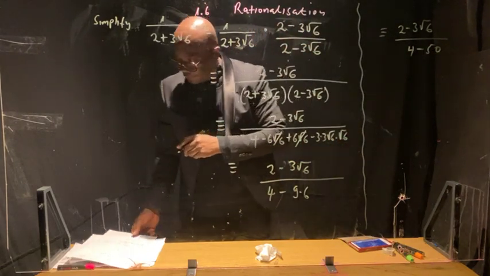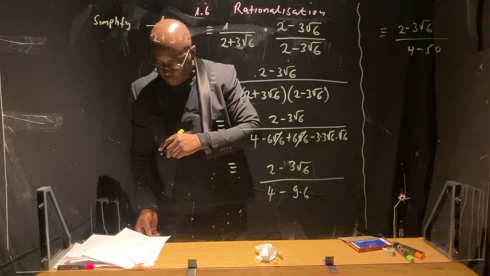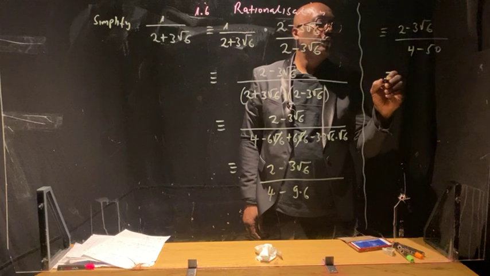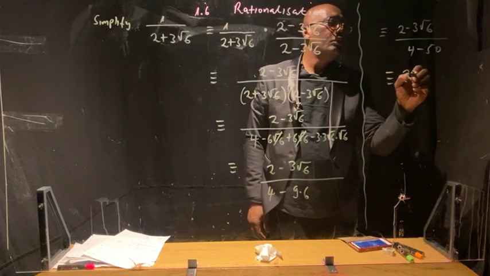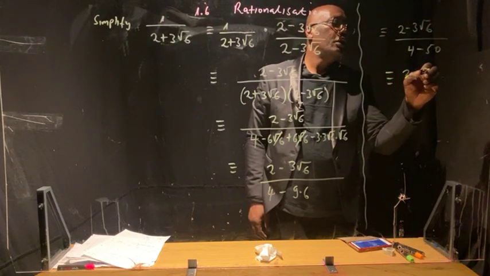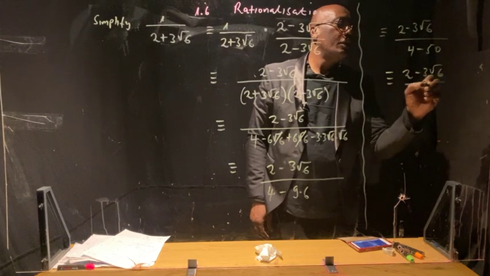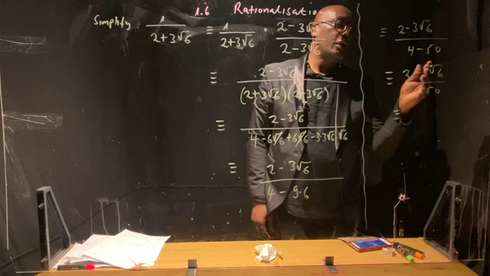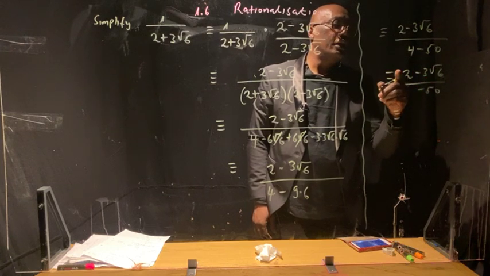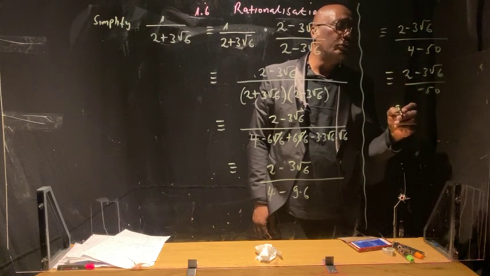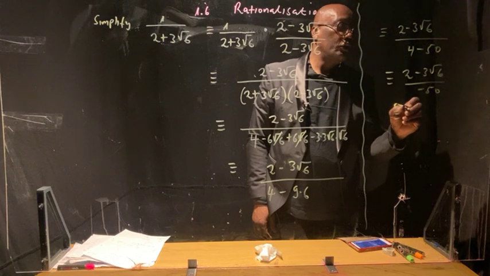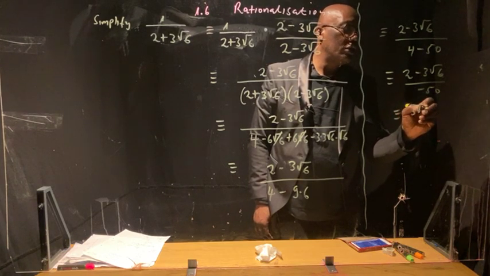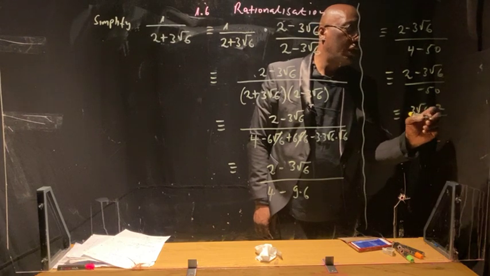Let's check it. Yeah, it's correct. It's equal to 2 minus 3 root 6 over minus 50. Or you can leave it in this form, or you can negate both the numerator and denominator, so it becomes 3 root 6 minus 2 over 50.